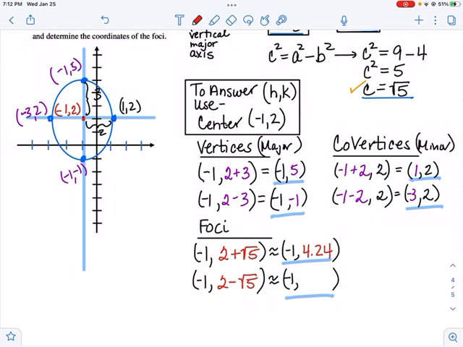So if I graph that, 4.24 is going to be pretty close right up here, right? So there's one focus. And then 2 minus the square root of 5 is 2 minus 2.24, which is -0.24. And so it's about right there. Okay, so you can see your second focus is here.